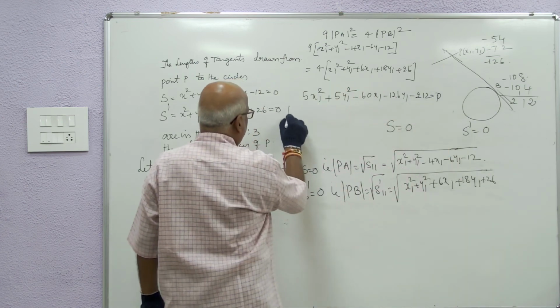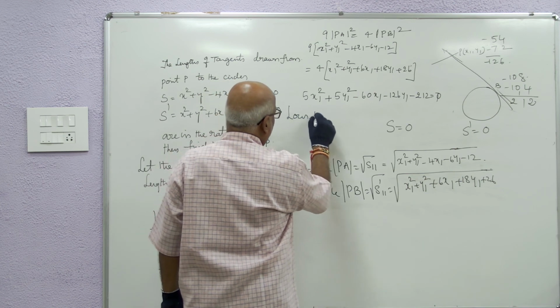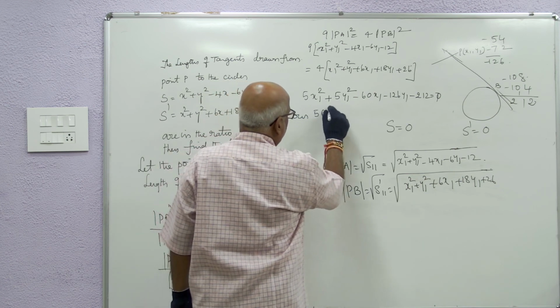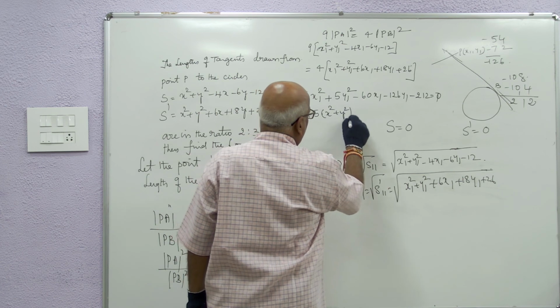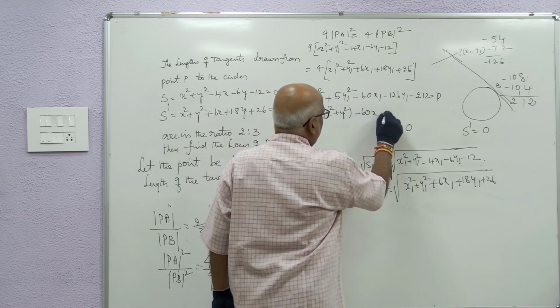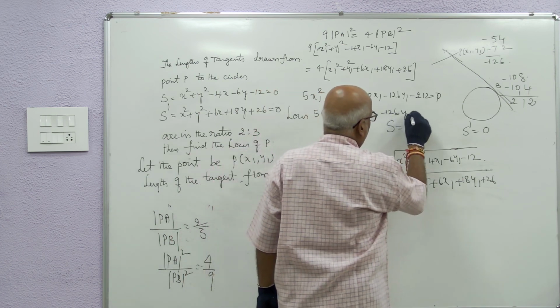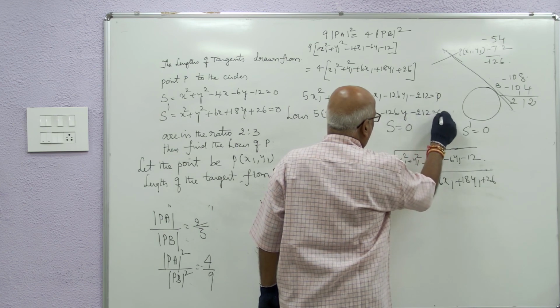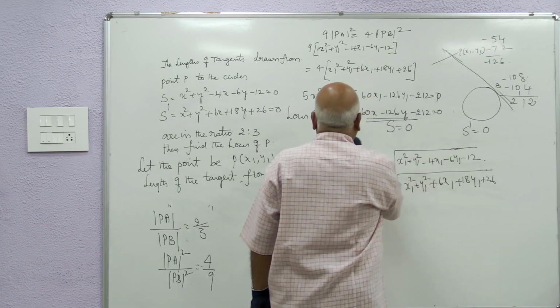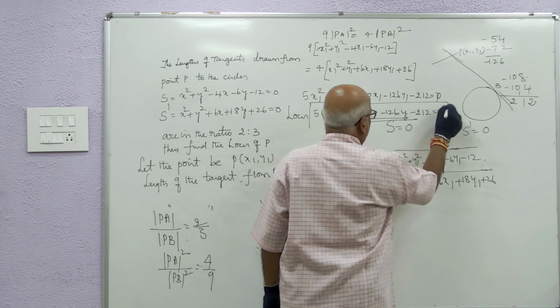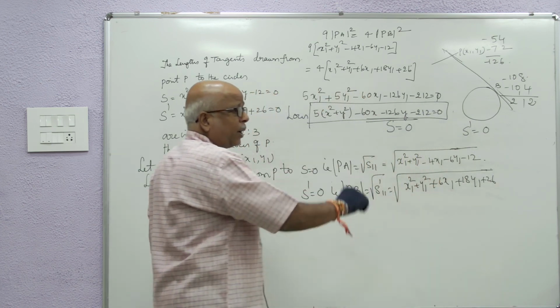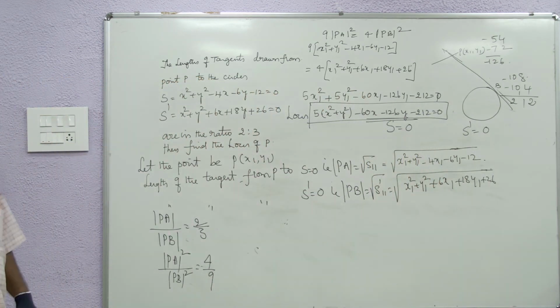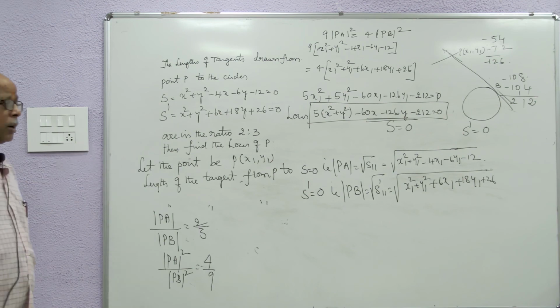Locus, replace x1 with x, y1 with y. 5 into x square plus y square minus 60x minus 126y minus 212 equal to 0. This is the locus subject to the given condition which was mentioned in our present problem.